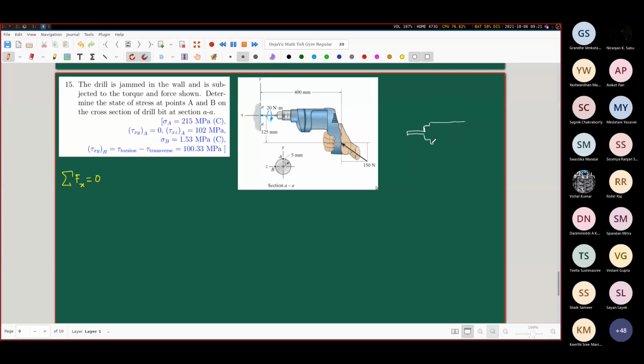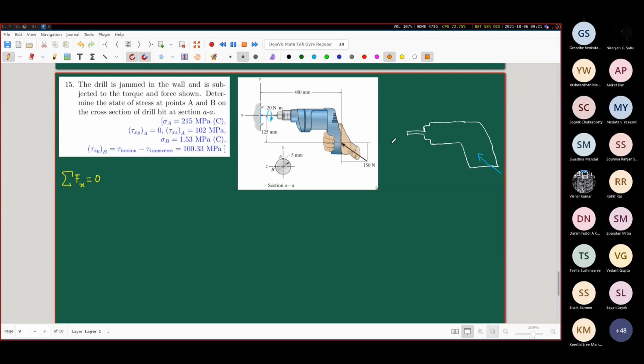I'm not going to be very faithful to this outline. You just try to understand what I'm trying to show. I think this is decent enough. Okay. There is some force here. This is the 150 Newton force.